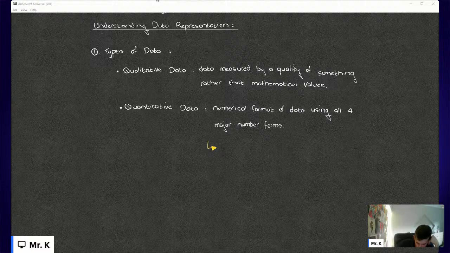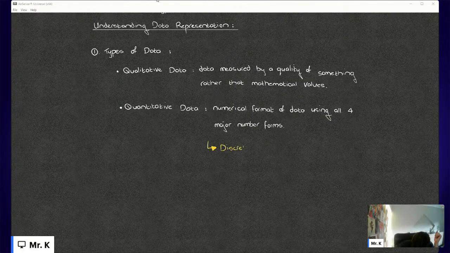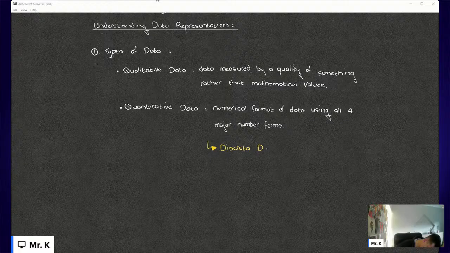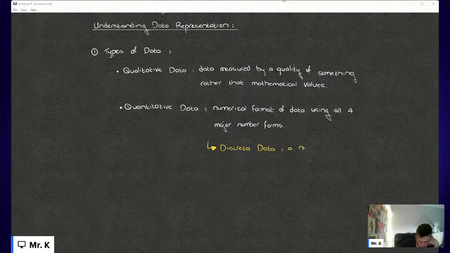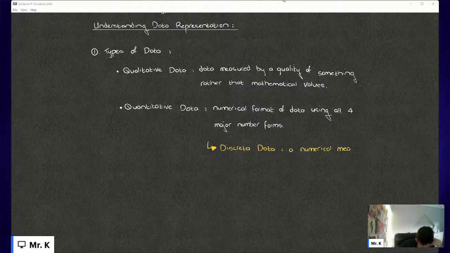We have what is called discrete data, right? Discrete quantitative data. What is discrete quantitative data? It is a numerical measurement using only integers.